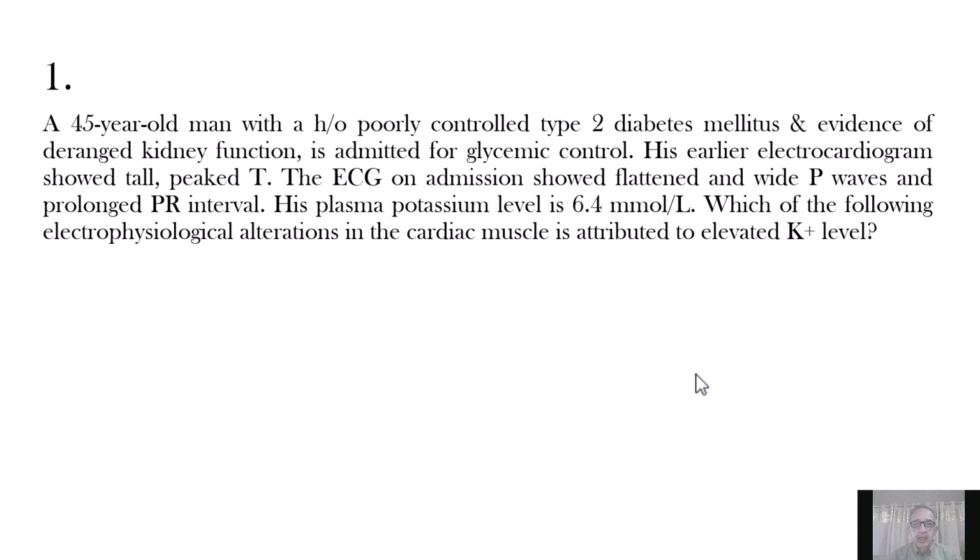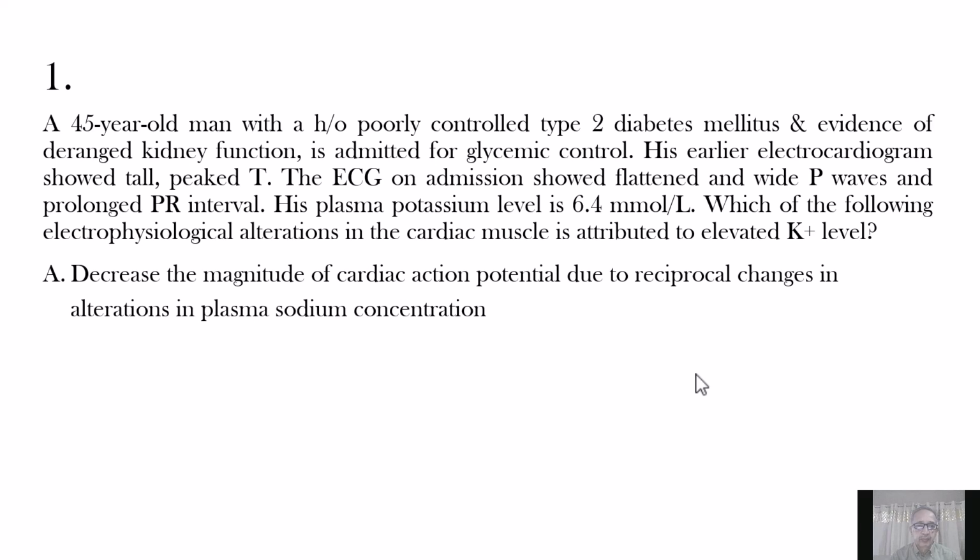The ECG on admission showed flattened and wide P waves and prolonged PR interval. His potassium in the plasma is 6.4 millimoles per liter. Which of the following electrophysiological alterations in the cardiac muscle is attributed to his elevated potassium level in the plasma?